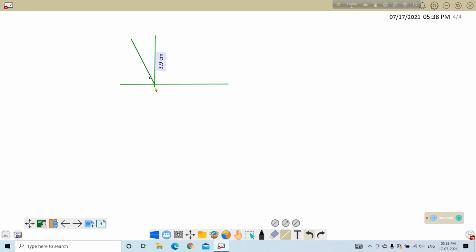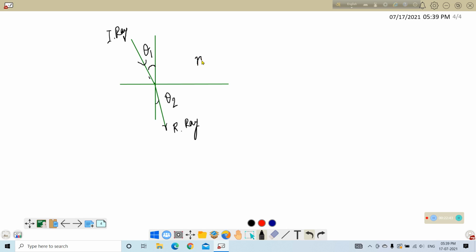This is the normal on the surface, and this is the refracted ray. Okay, this is the incident ray, this is the refracted ray, this is the angle of incidence theta 1, this is the angle of refraction theta 2.